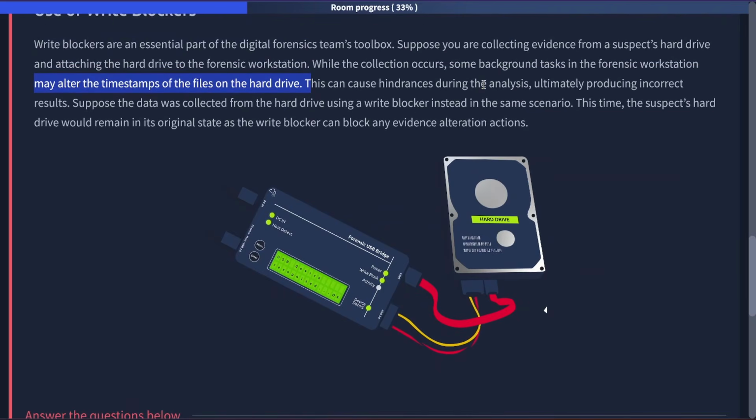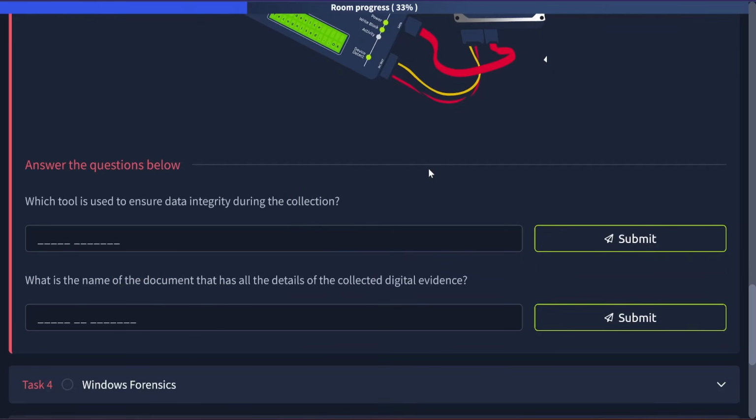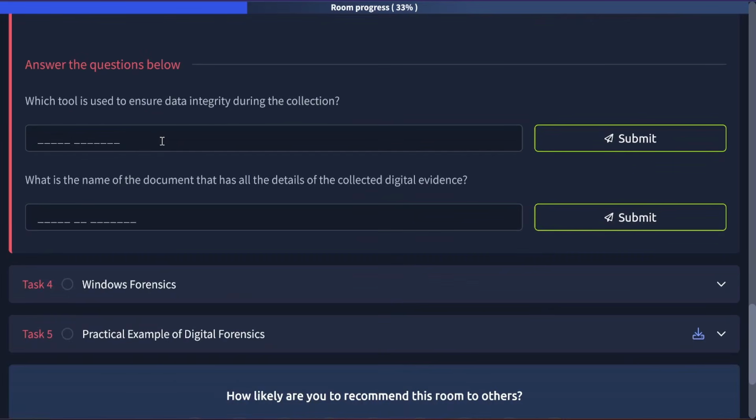That would be a problem because then that digital evidence is no longer accurate. So a write blocker basically makes a copy without messing with anything. It's not going to write anything to the drive, which is why it's called a write blocker. Nothing will be able to write to the drive, you can only copy off of it. So it's really important for data acquisition.